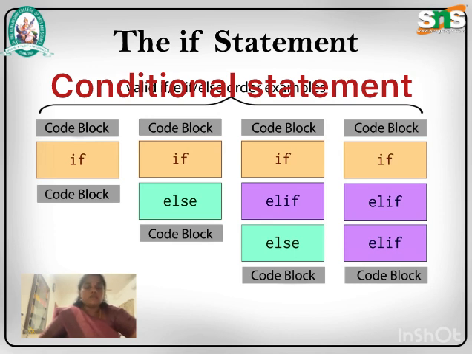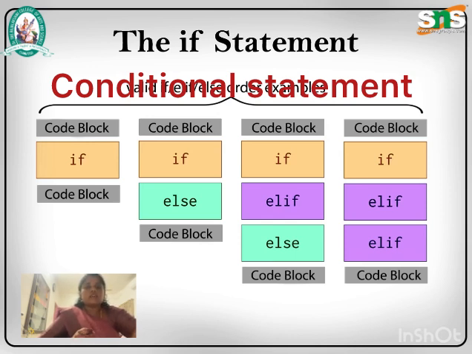But in the case of the elif statement, it is going to check multiple conditions in a program. It executes a block of code when the condition evaluates to true after the previous condition evaluated to false. It checks all the conditions, and whenever a condition is true, that statement alone it is going to print.